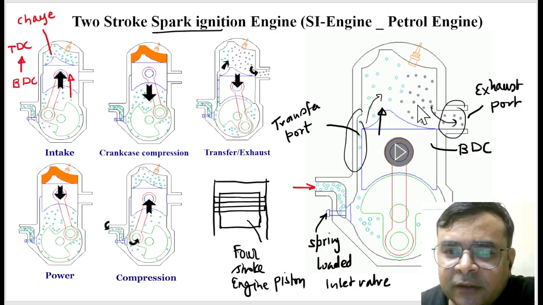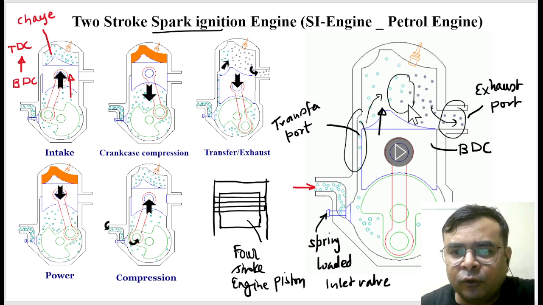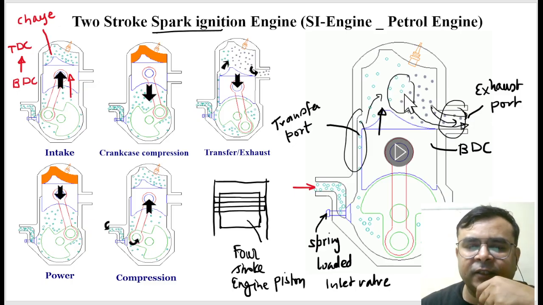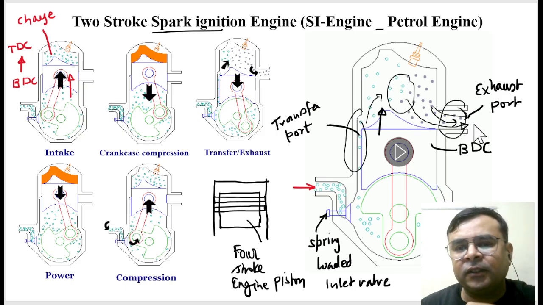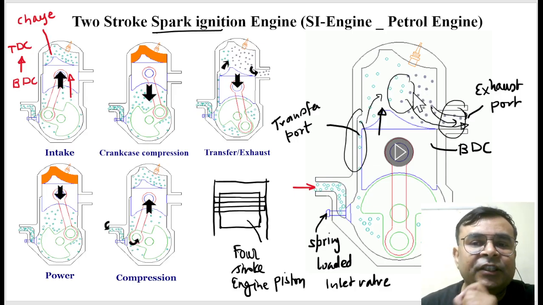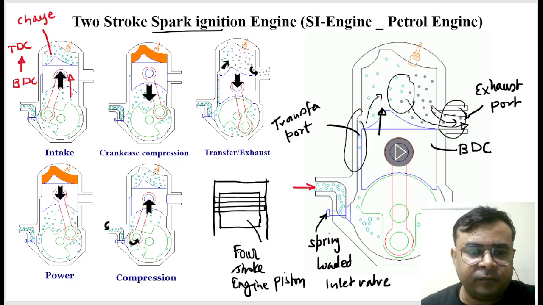Sometimes some fresh charge also moves away from the exhaust port along with the burnt charge. This removal of fresh charge from the exhaust port is called the scavenging process.